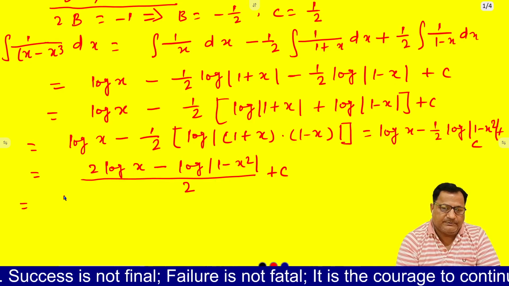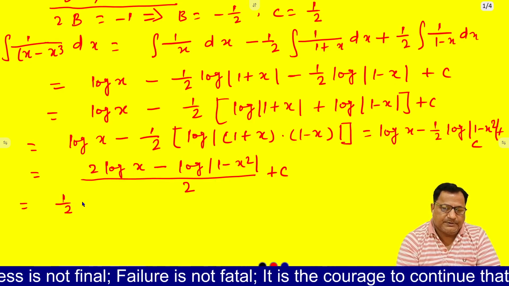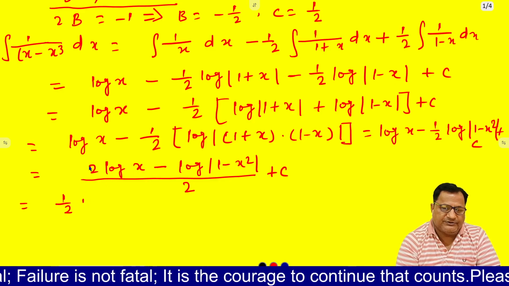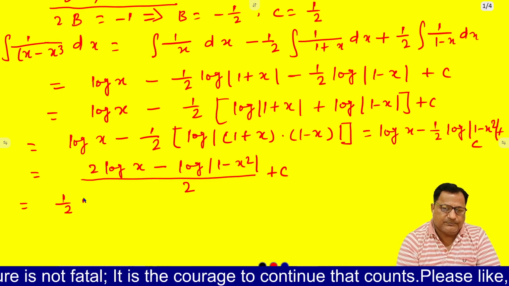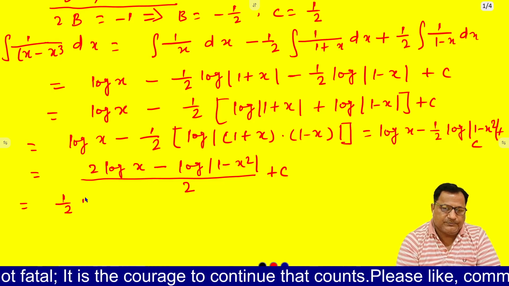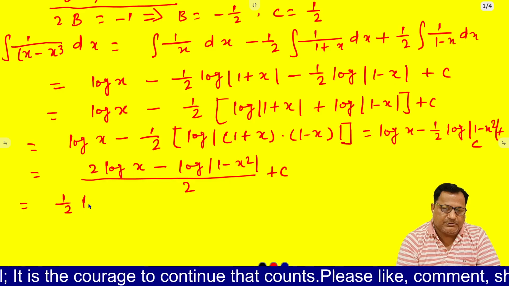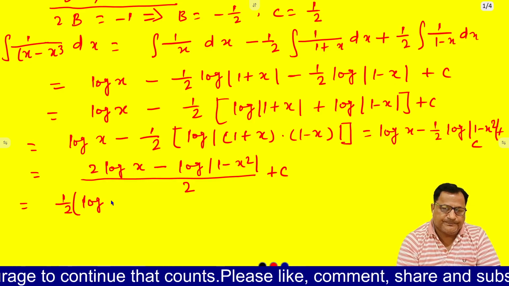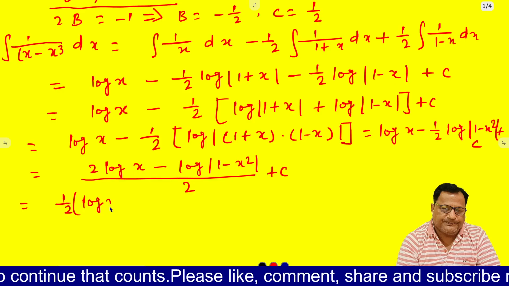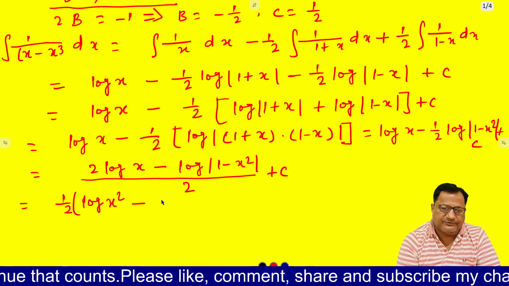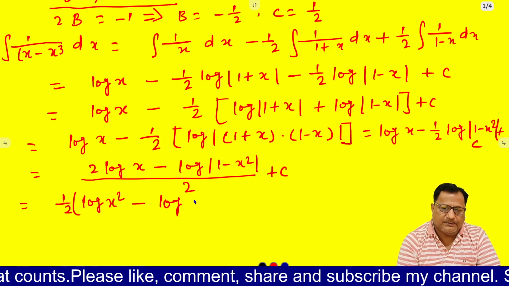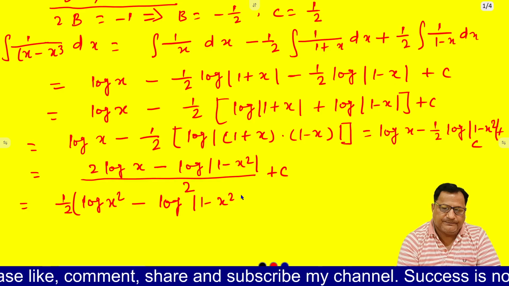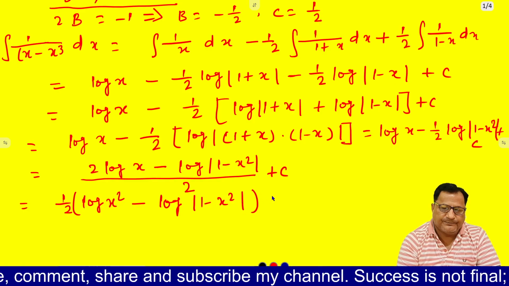This will be 1 by 2 log, we can write this 2 here, log x squared minus log of 1 minus x squared, plus c.